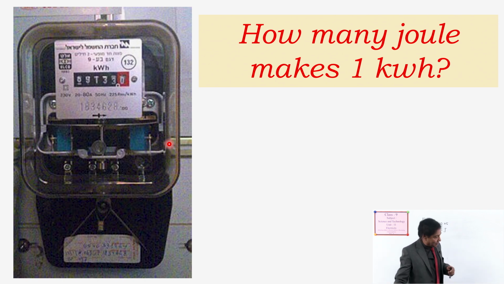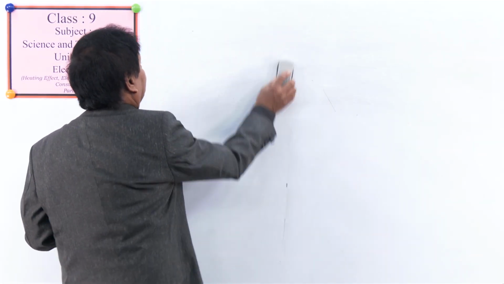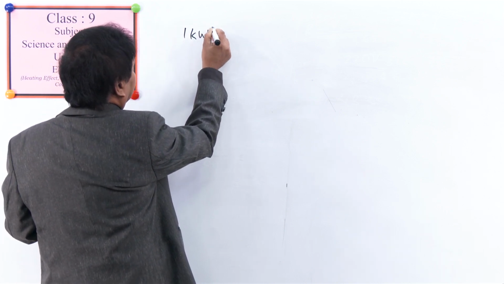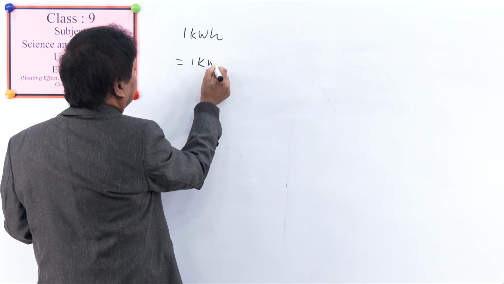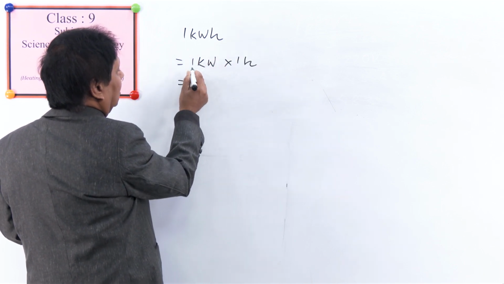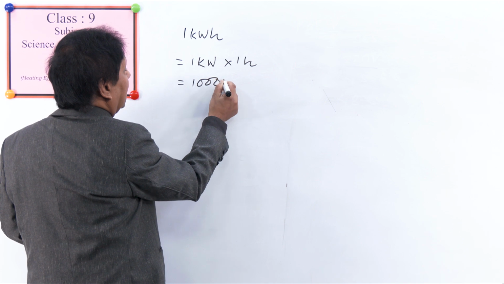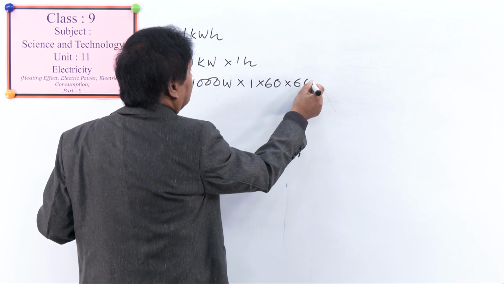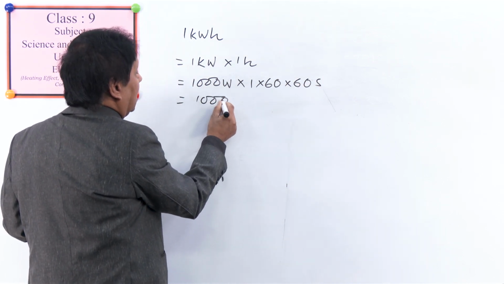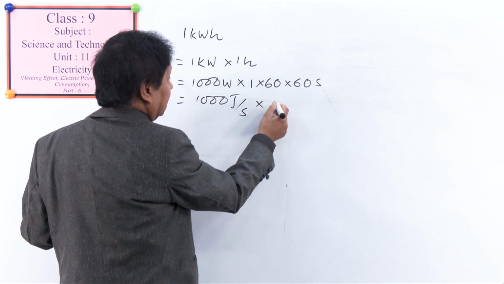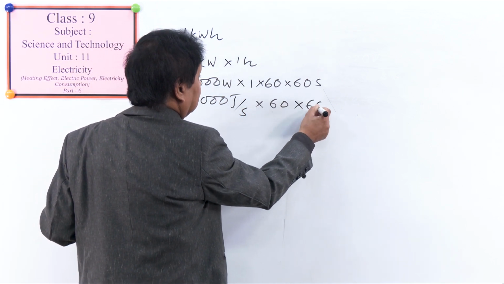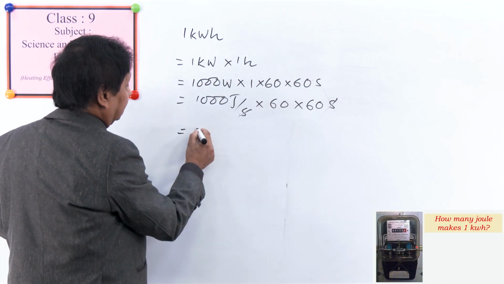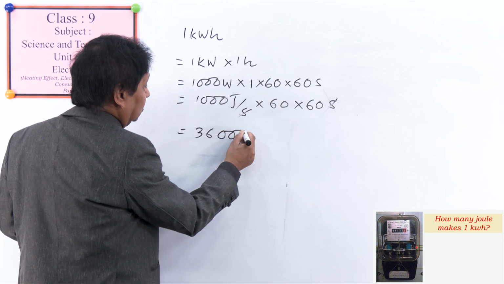I want to go through the mathematical expression. 1 kilowatt hour is equal to 1 kilowatt into 1 hour, and 1 kilowatt converted is 1000 watt, and 1 hour multiplied by 60 minute, multiplied by 60 comes in seconds. 1000 watt means joule per second, we know this, and this is equal to 60 into 60 second, second cancel, therefore 1 kilowatt hour is equal to 6 6s are 36, and there are 5 zeros.